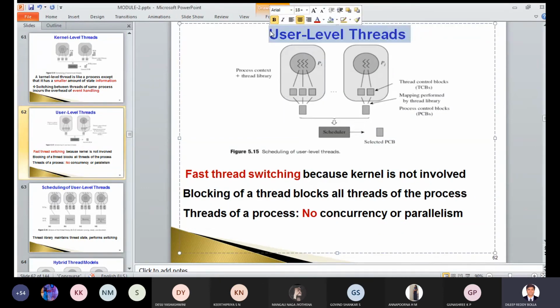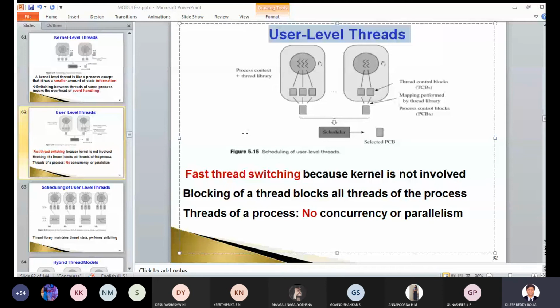Okay, we have overhead in the kernel, so let us now try user level threads. User level threads are usually implemented by a thread library, whereas kernel level threads are implemented by the kernel. The thread library is linked to the code of the process.